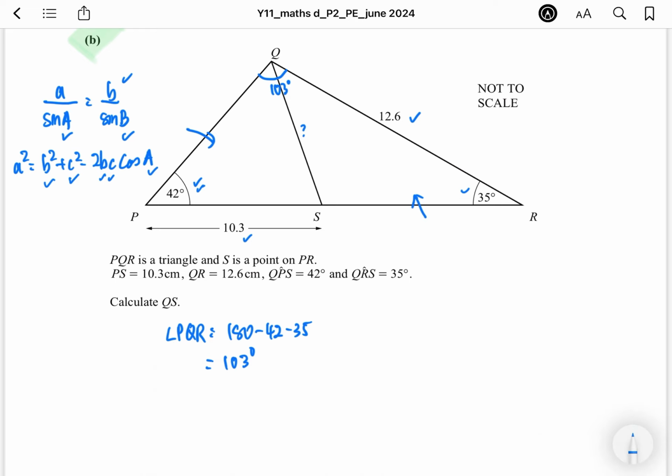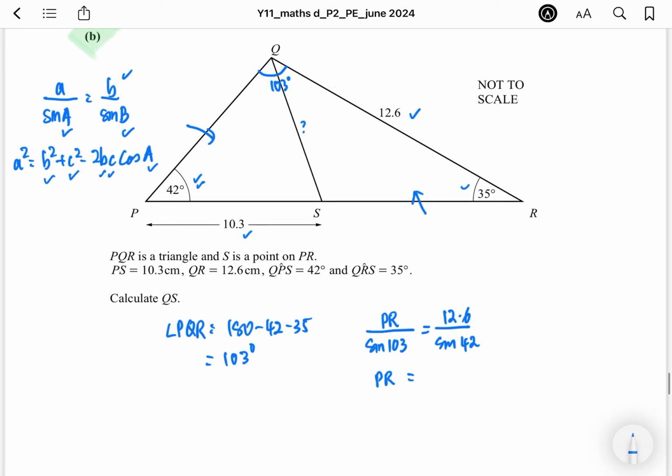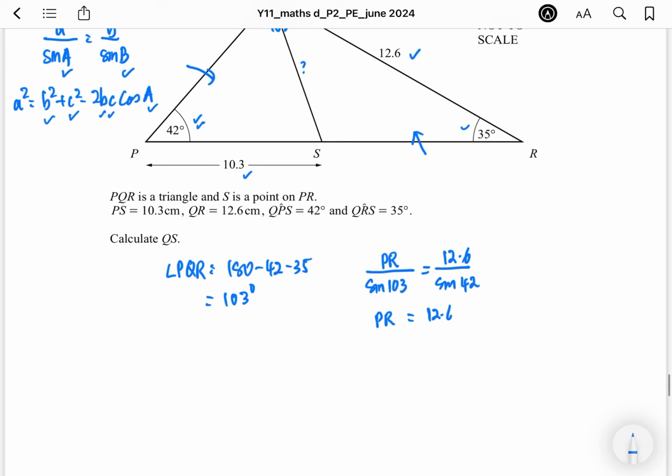So we can use that one. Instead of finding SR, we find PR. So PR over sine 103 equals 12.6 over sine 42. Multiply both sides by sine 103. Let me write that down.